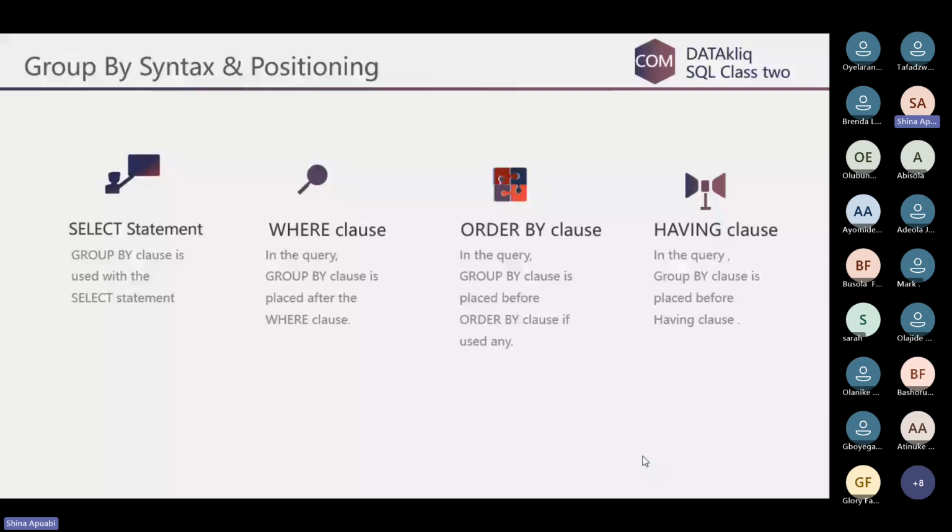Order by is used to rearrange, maybe you want to arrange in alphabetical order or from ascending to descending. Then the having clause can also be used together with group by, especially if you are trying to do some calculation, or you will see what I'm talking about. So let's go.